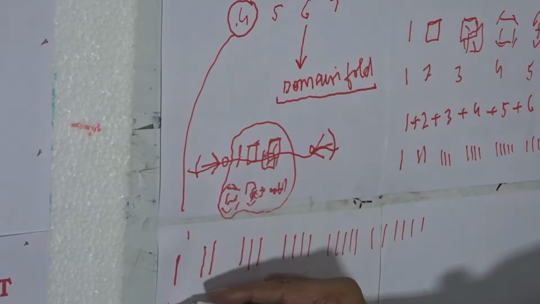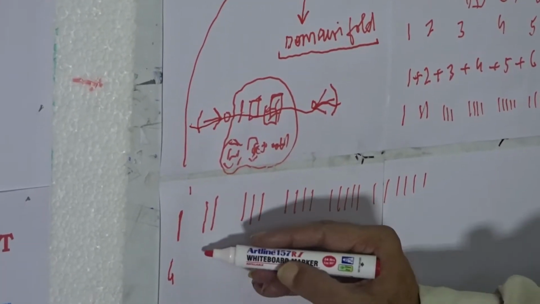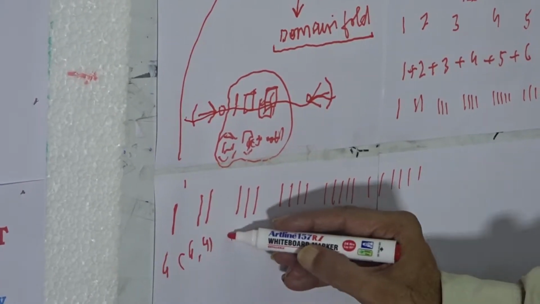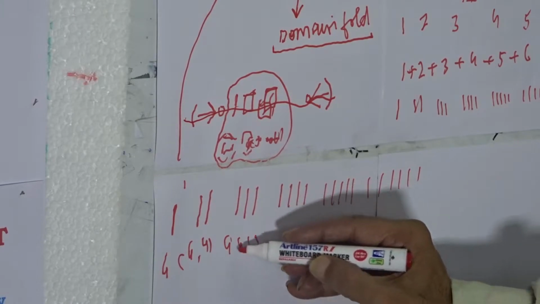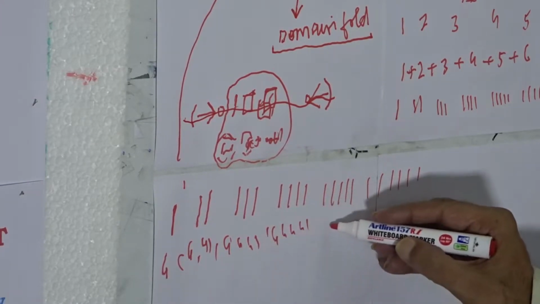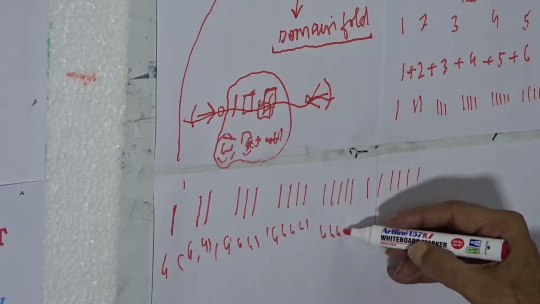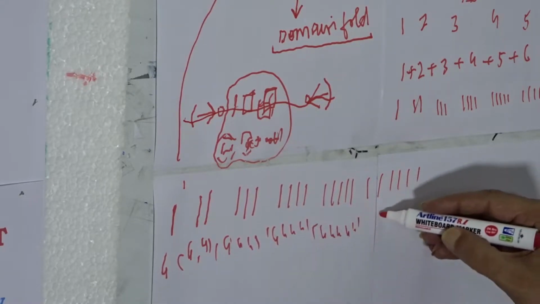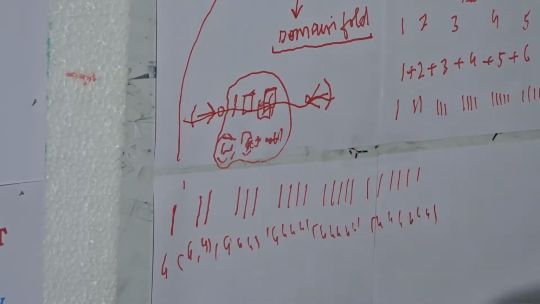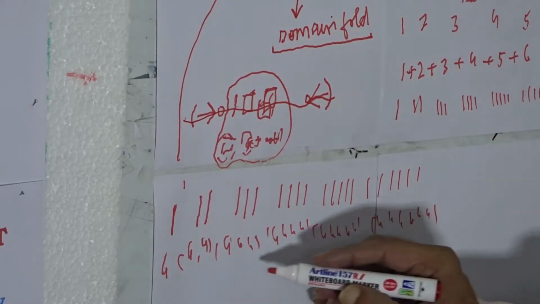Therefore, it is a single creative dimension. Here is a pair of creative dimensions. Then there are triple creative dimensions, quadruple creative dimensions, penta creative dimensions, and ultimately hexa number of creative dimensions.